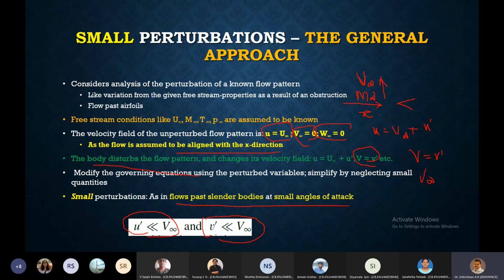So the disturbance in the y direction is also much smaller than the free stream component of the velocity. These are the two underlying assumptions that help us reformulate the governing equations in terms of the velocity perturbation.